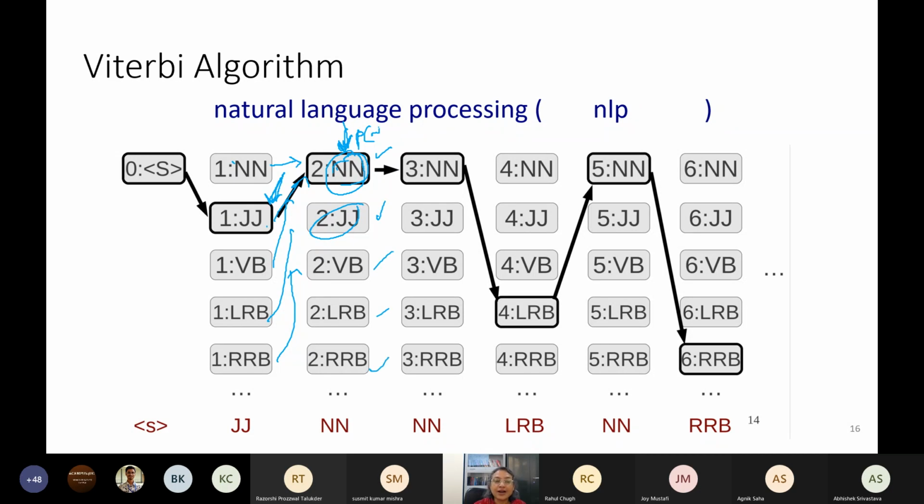Now, after we have found all these probabilities, suppose we find that verb has the highest probability here. So my question is, can I ignore the other states and take verb and then proceed?